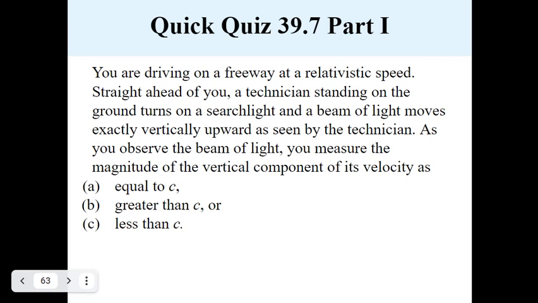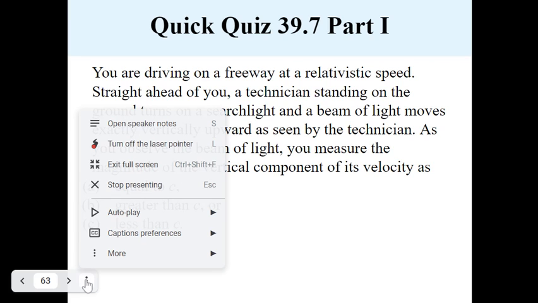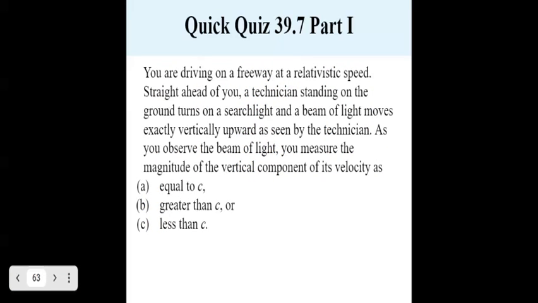Since it has two components, each independent component then must be less than c, so that when you combine the components, you get a total measurement of c. So again, it's okay for the magnitude of a single component to be less than c, as long as the total magnitude of the beam of light is still equal to c.